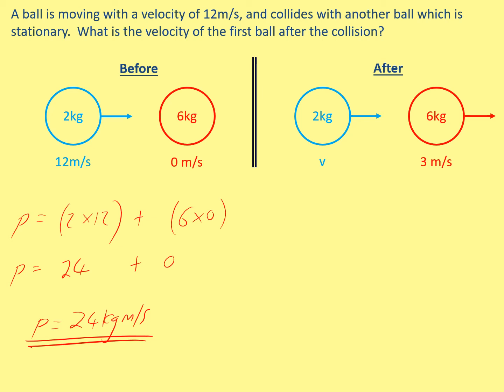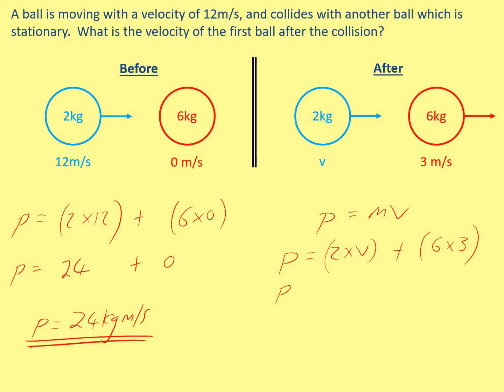So we know the total momentum after is also going to be 24. So P is equal to mv. The total momentum of this system on the right is going to be 2 times v plus mass times velocity.